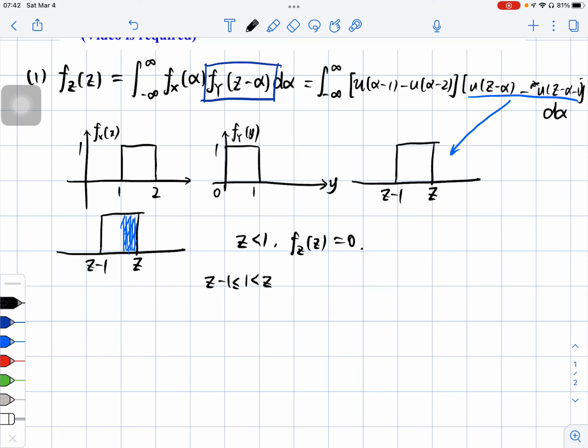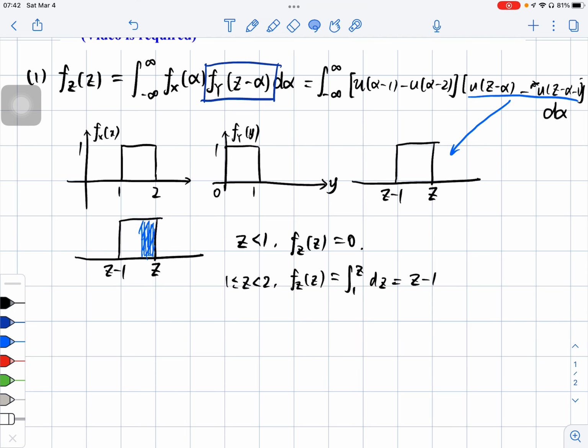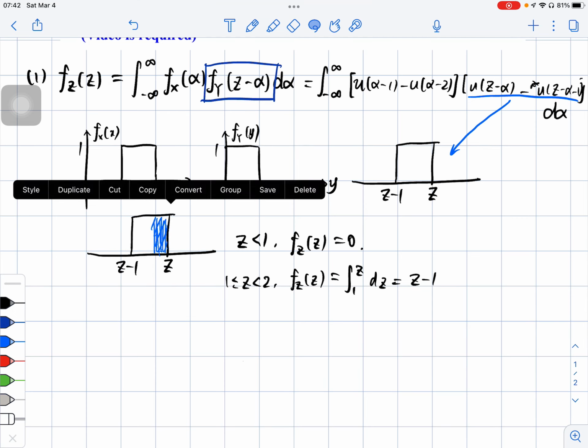The z is from 1 to 2. The fz is the integral from 1 to z, dz, which is z minus 1. Then it moves to this part.